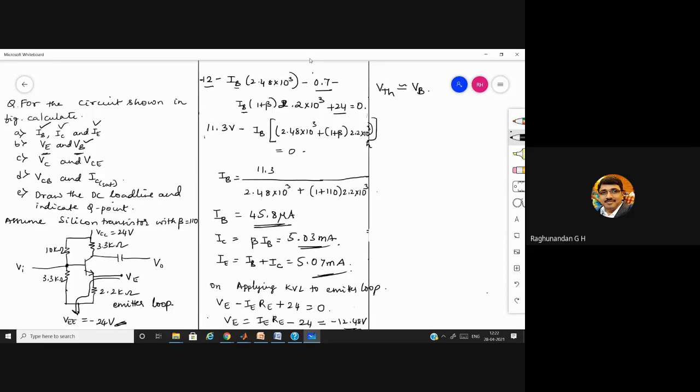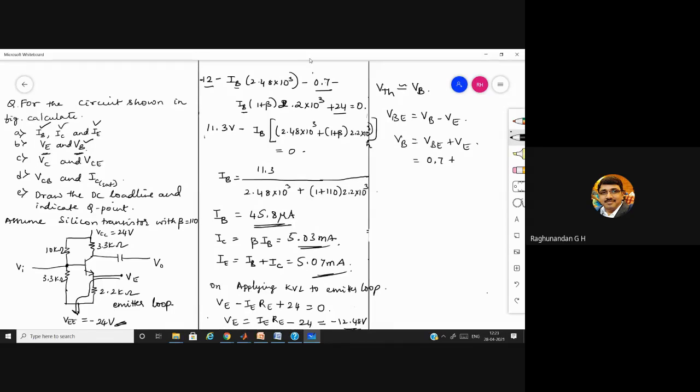So VB will be nearly the value we got for VTH. But since they're specifically asking VB, and it is a very simple step, we can do it. So VB is equal to VBE plus VE.